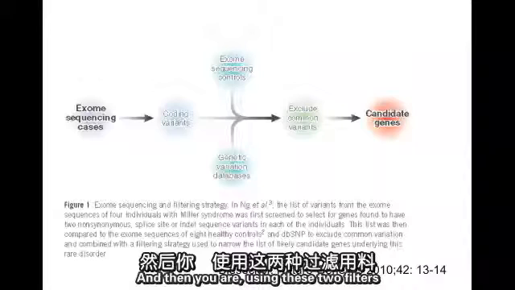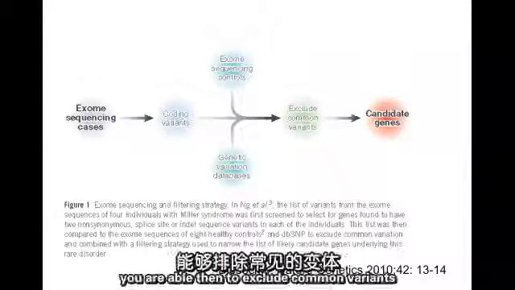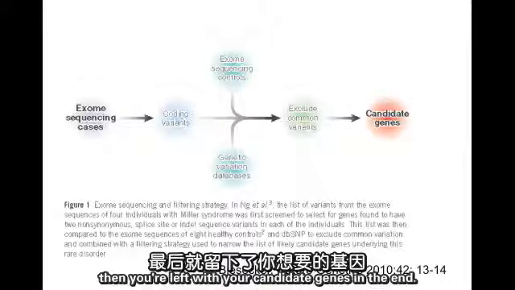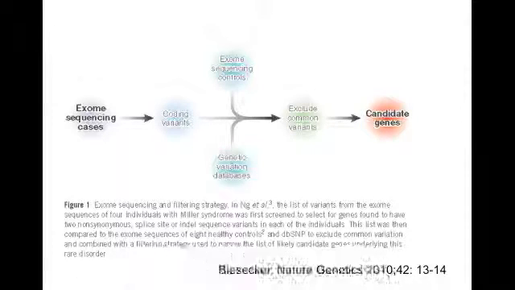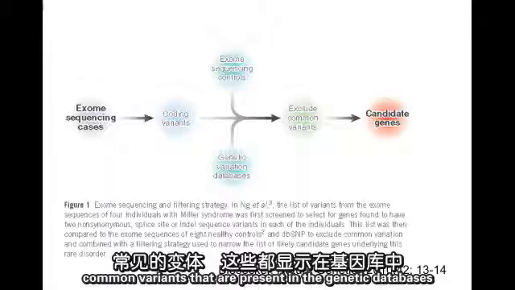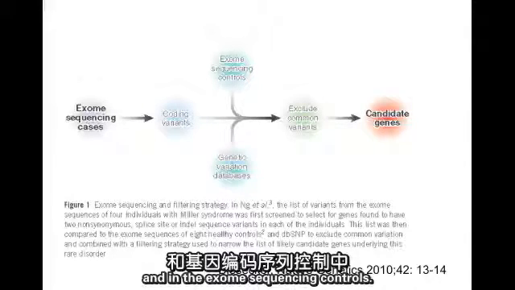And then using these two filters, you are able then to exclude common variants, and then you are left with your candidate genes in the end. So you kind of screen off the already known common variants that are present in the genetic databases and in the exome sequencing controls.